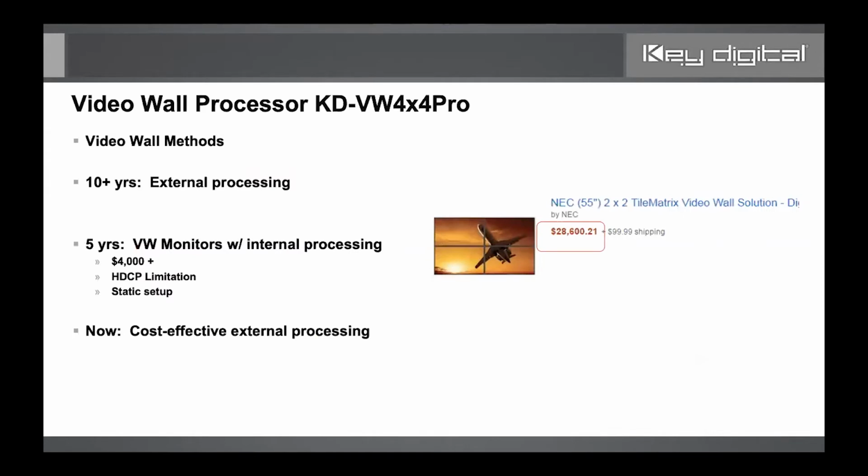As I mentioned before, there was the ability to do it 5 years ago in displays. Now, there were some issues with that. One, there was a limitation on the size. Two, the other limitation was that there were HDCP issues. I remember doing specifically an NEC video wall system, and the displays were insanely expensive.